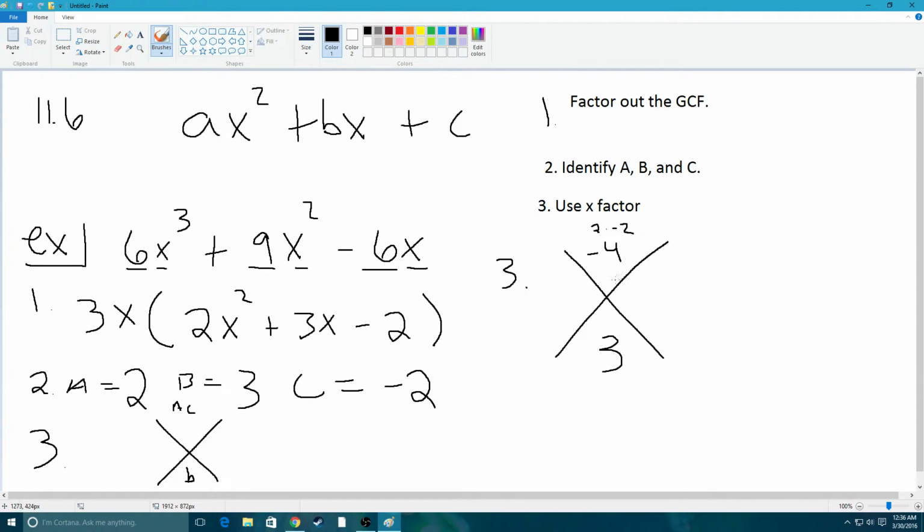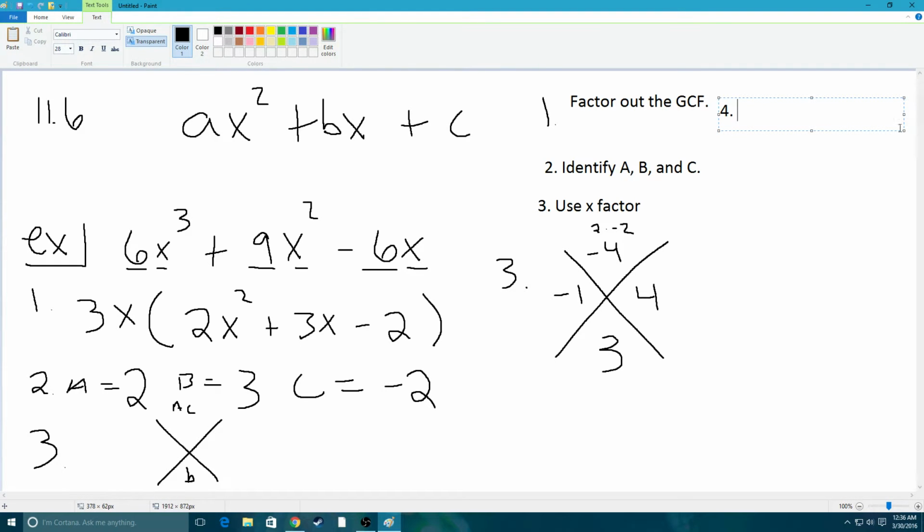So what times what gives us a negative 4 but adds to positive 3? That seems to me like it would be a negative 1 and a 4. So now that we've used the X factor, step 4 is going to be, you can do two things. You can either guess and check or use the box.